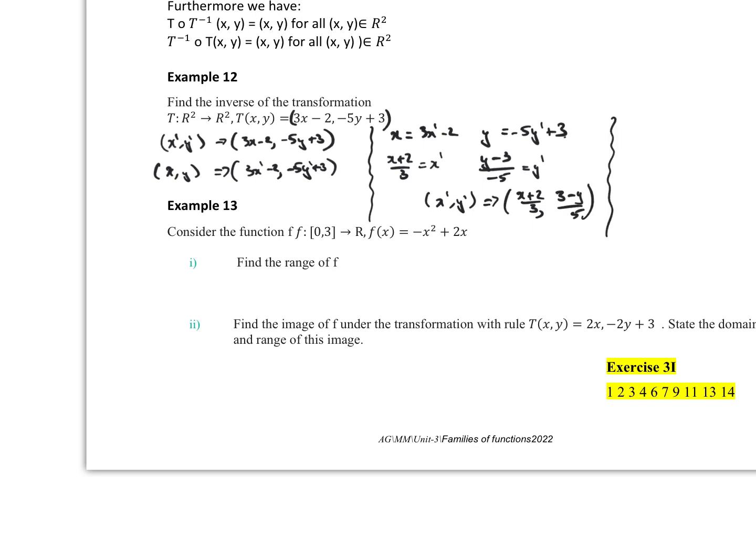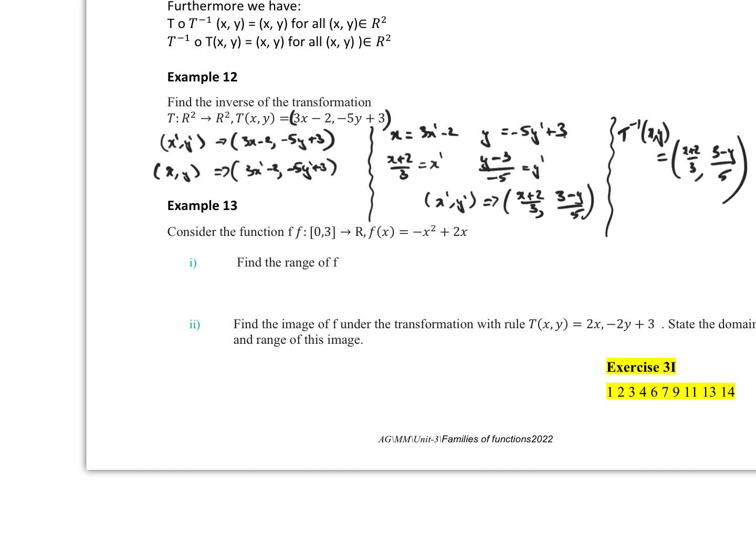So because this is my transformed function, I'm going to write it as, what's my proper notation? We'll just write it as T inverse of (x, y) equals (x plus 2 on 3, 3 minus y on 5).